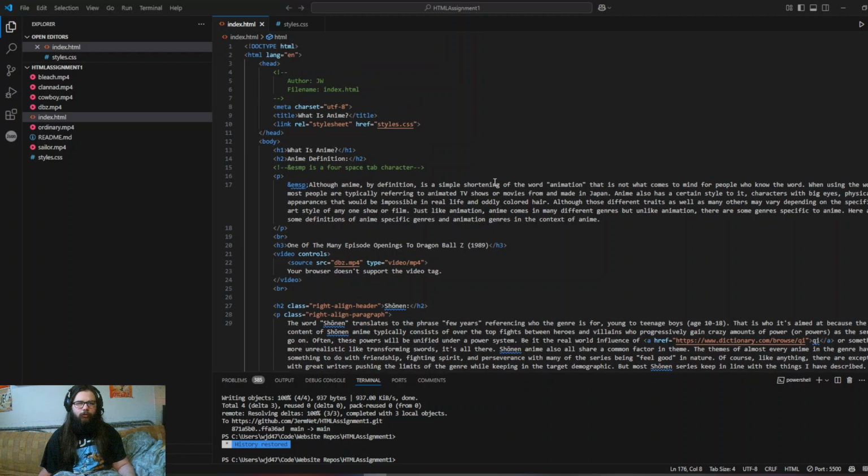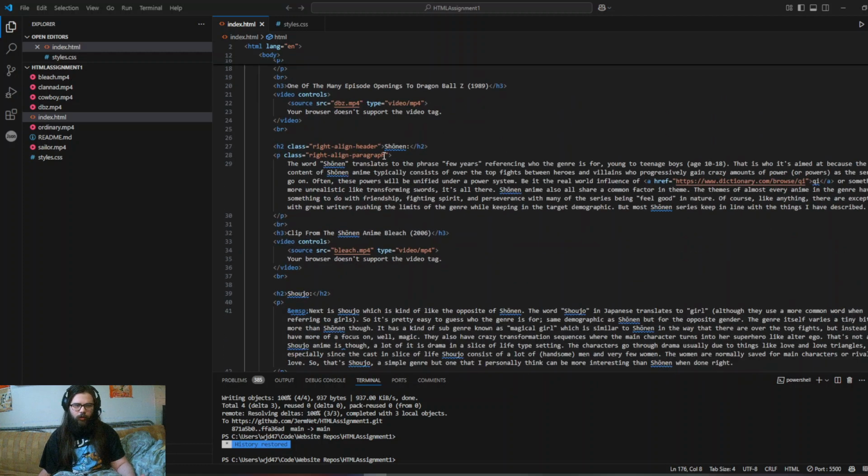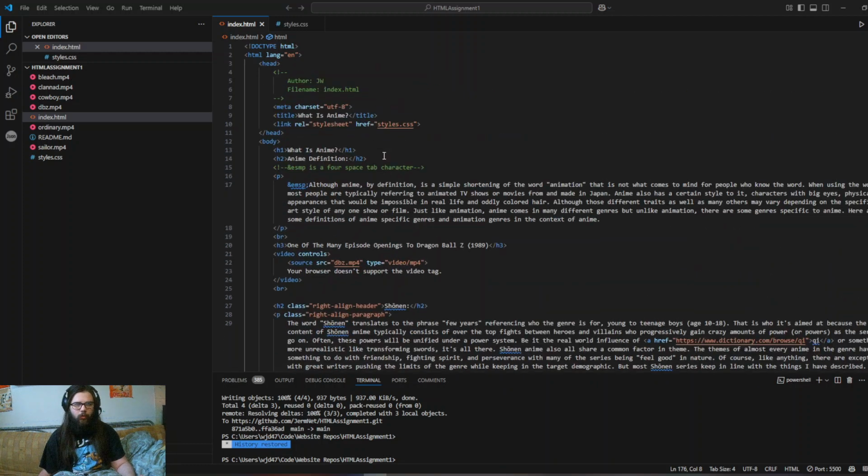Just have your headers. Technically, I do it wrong, because from what I remember, the convention is that you're supposed to have one H1 per page, which yes, I only have one H1, or header one, but then the next header on the site should be a level below it, so that's header two and then header three.